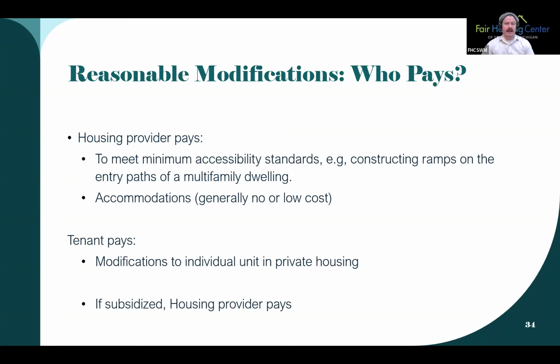Generally, a tenant is expected to cover the expenses of making reasonable modifications, unless those modifications also benefit the whole building. So, for example, building a ramp to a pool benefits the whole building, and that cost then goes to the housing provider.